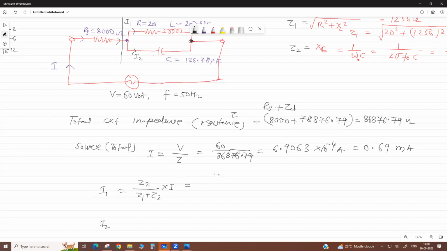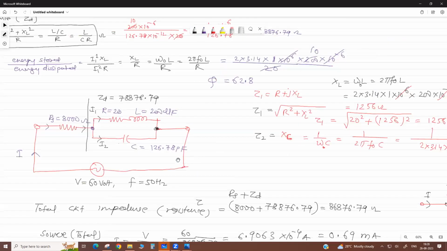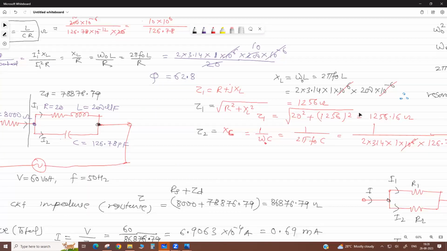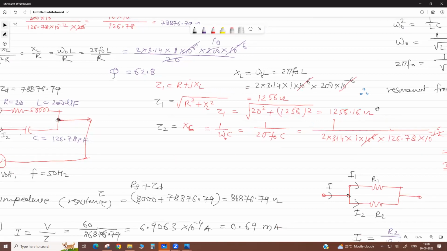Z2 is 1256 divided by the total. Both are the same value, na? The difference is only 1.6. We can take this also as 5.6. Both are same like that.